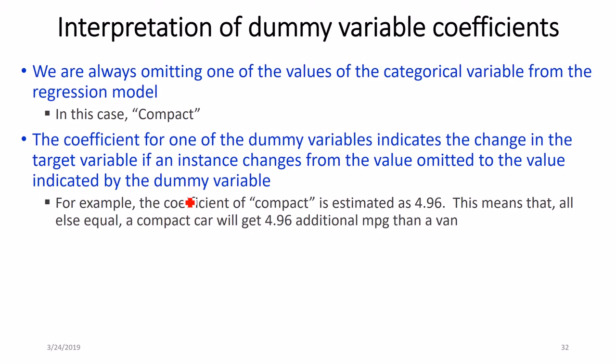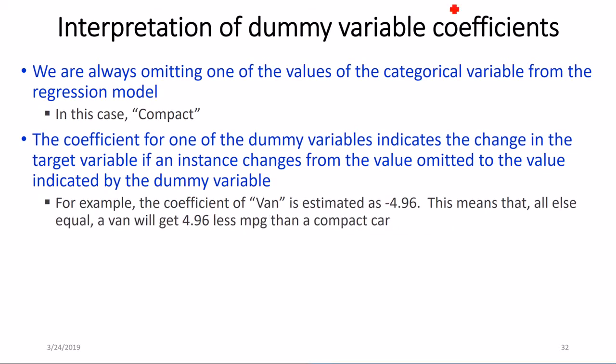We always omit one of the values. In this case, compact is not one of the variables. The coefficient for a dummy variable indicates a change in the target variable if the instance changes from the value omitted, in this case compact, to the value indicated in the dummy variable.